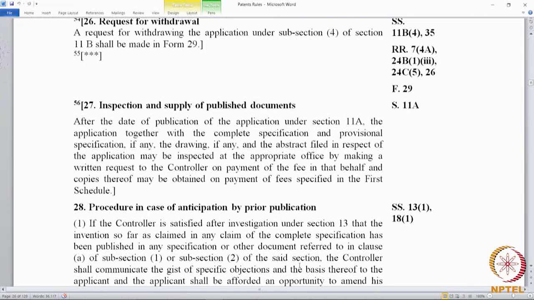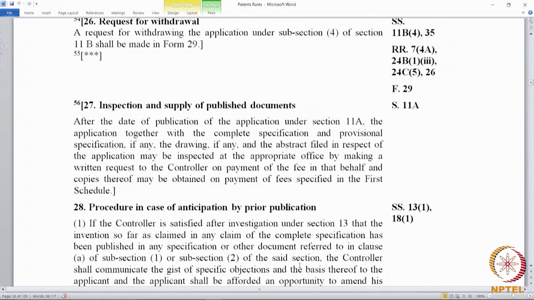There is no part in the act which says that the provisional specification will be published. There is nothing which expressly says that on this day the provisional will be published. A provisional, if it is not followed up by a complete, will be abandoned and not published. That much we know. We have seen that a provisional specification in section 9, if it is not followed up by a complete specification within the 12-month period, will be deemed to be abandoned.